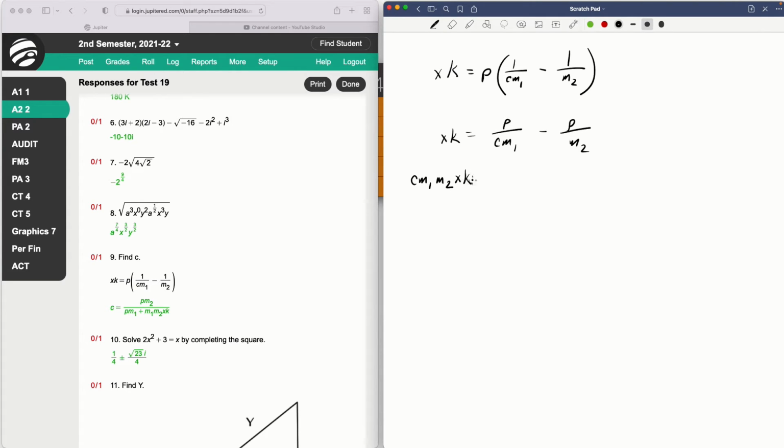So pm2 minus, and this one times that is going to be pcm1. And we're solving for c, so I want to get pcm1 over here. So I'm going to add that to both sides.